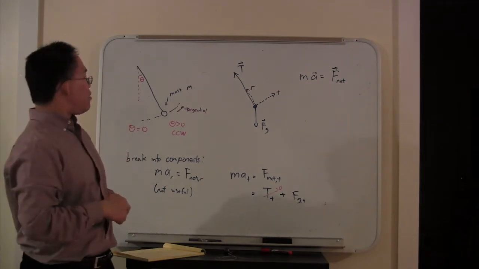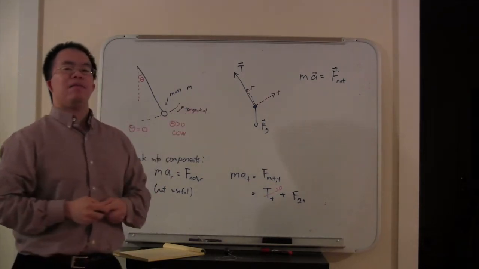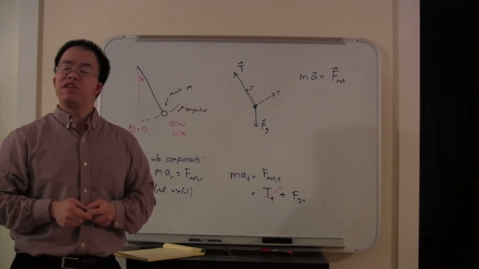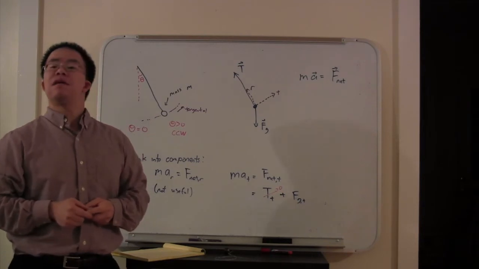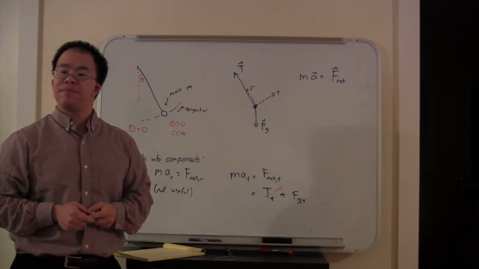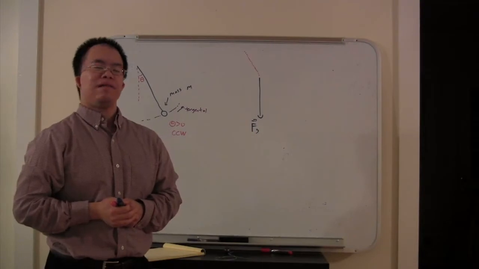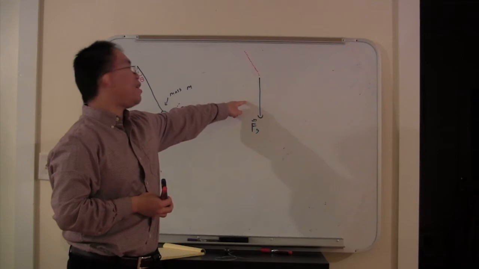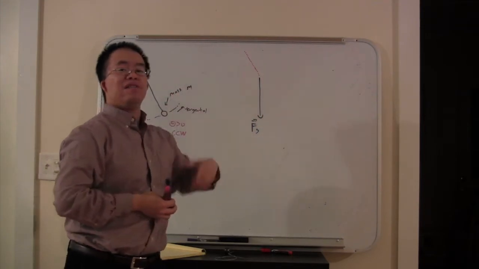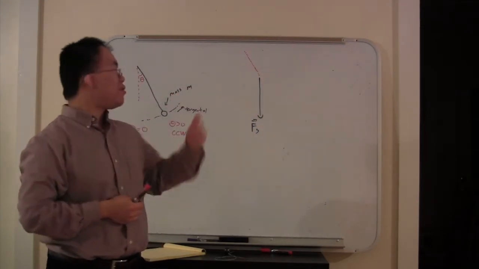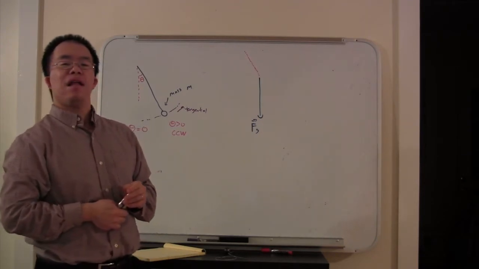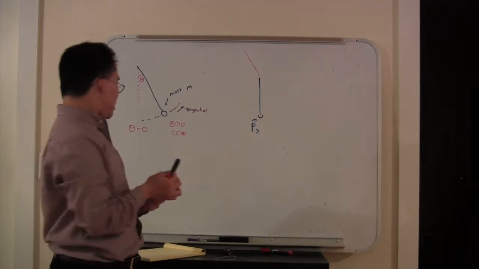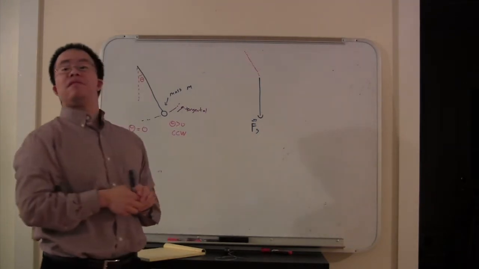So what I'm going to do now is redraw the gravitational force vector and do a little bit of geometry to help us find the tangential component. Alright, so I've blown up the gravitational force down here. This dashed line is representing the string, or the radial direction. When we think about breaking this gravitational force into components, I can draw two component vectors.